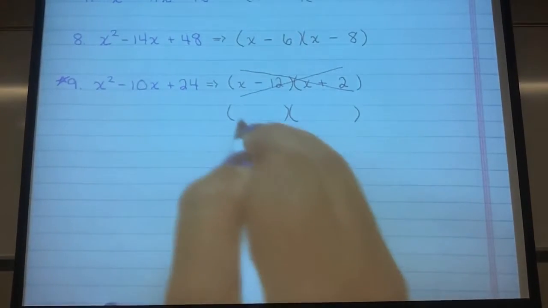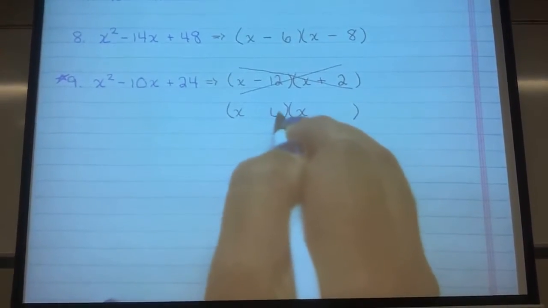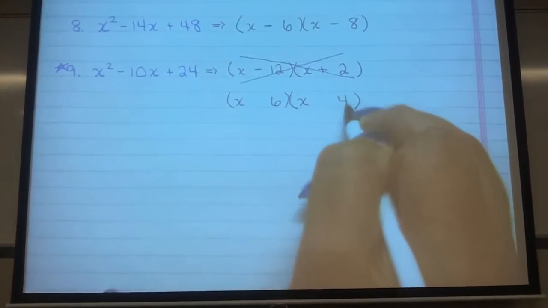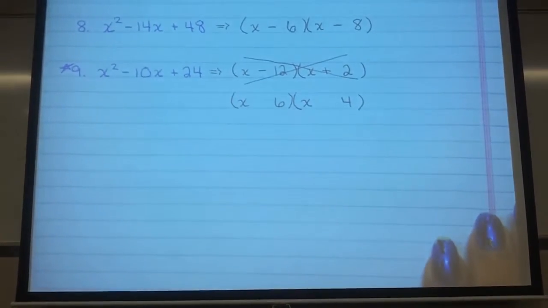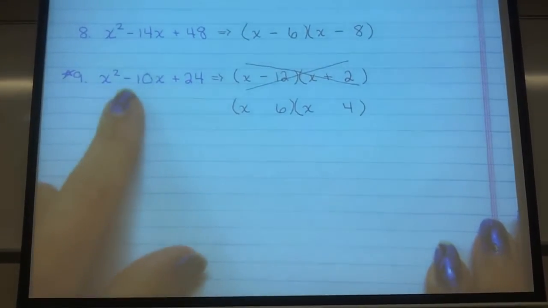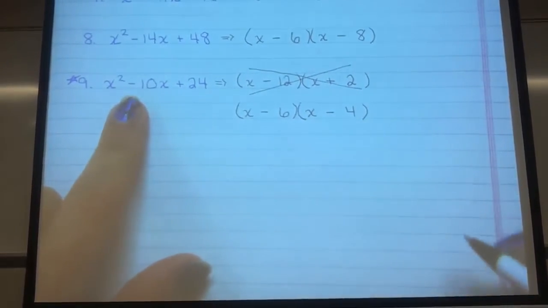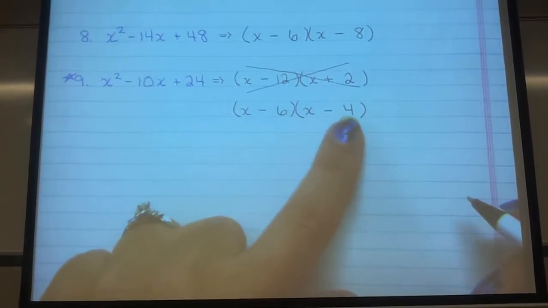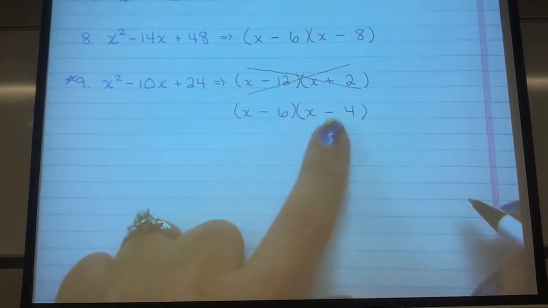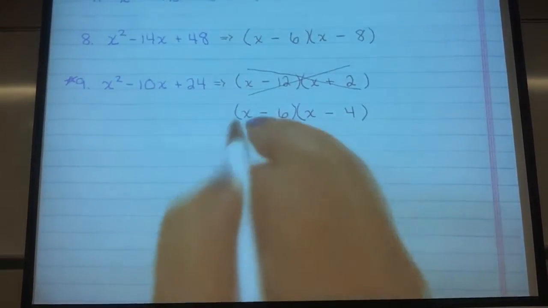So if I do the 6 and the 4, 6 and 4 also can give you 10. Now here, do I have to add or subtract them? Add them. So they have to be the same sign. And if I really needed to check, negative 6 times negative 4, what would the two negatives make? Positive. The positive 24. So just be careful.